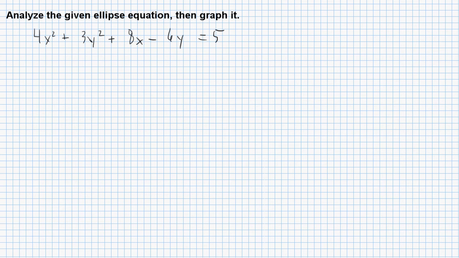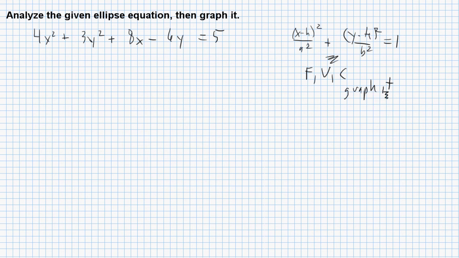Now, by vertex form, we mean something like x minus h quantity squared over a squared plus y minus k quantity squared over b squared is equal to 1, something like that. And then also remember, to be analyzing it means we're going to find the focal points, the vertex, the center, and then, as it says there, we are going to graph it.